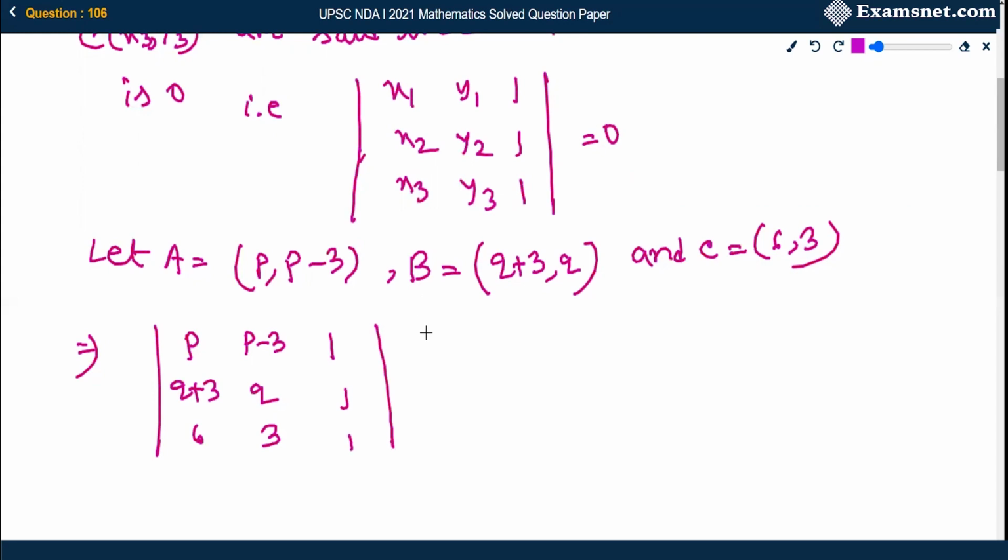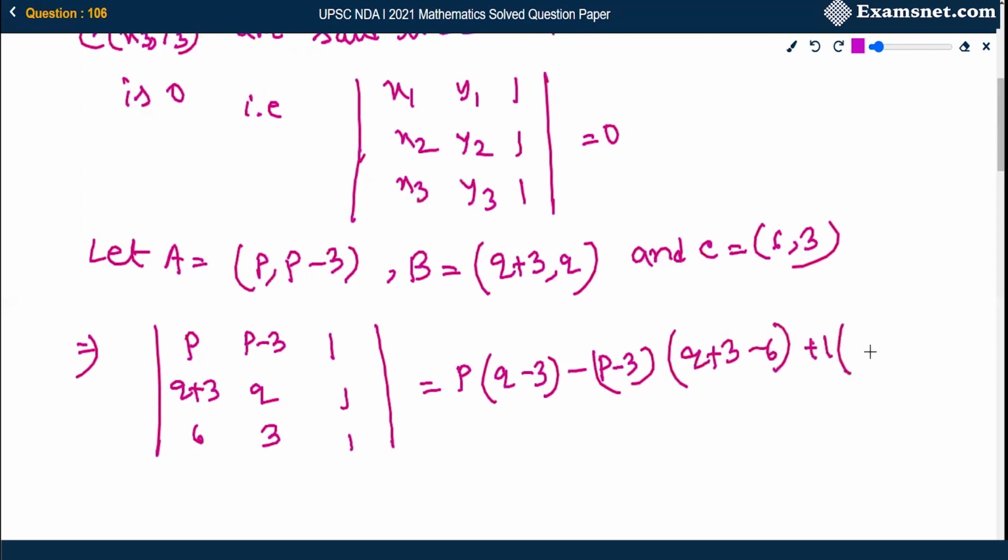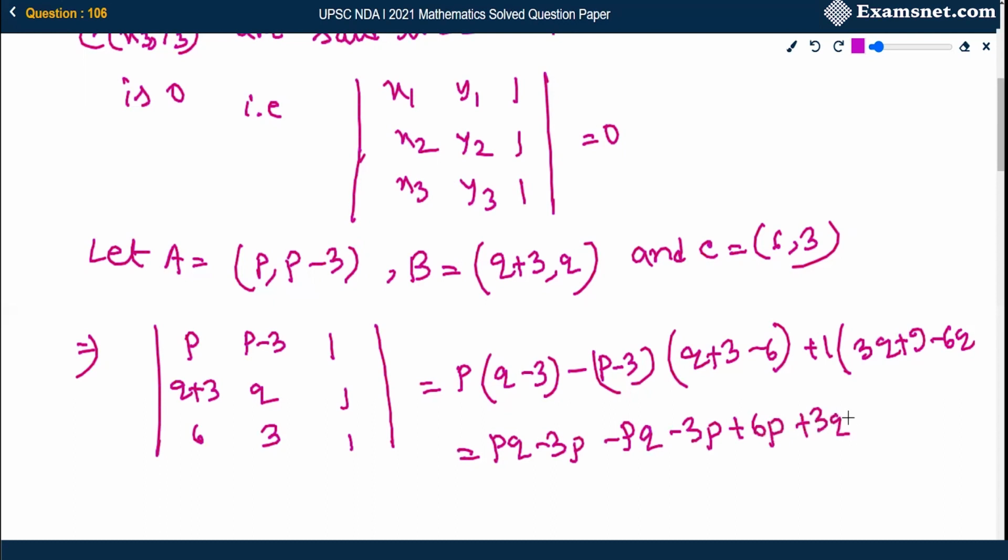If we expand with respect to the first row, we get p times (q minus 3) minus (p minus 3) times (q plus 3 minus 6) plus 1 times (3q plus 9 minus 6q).